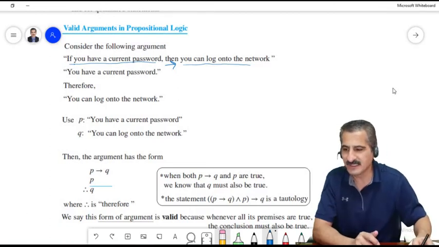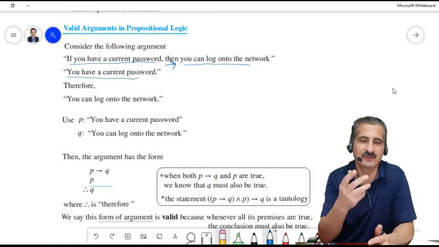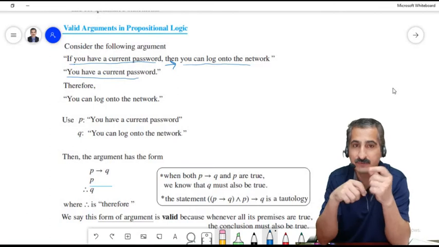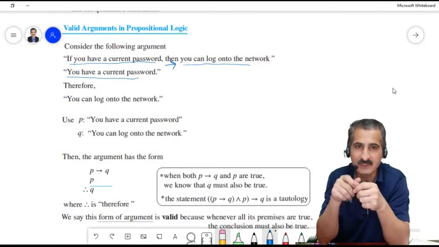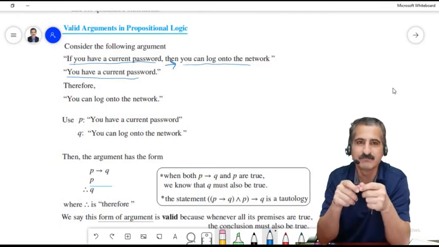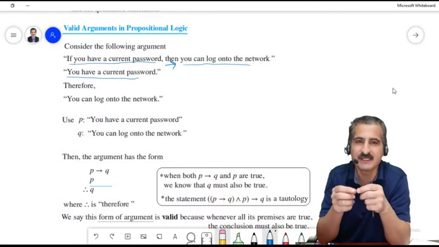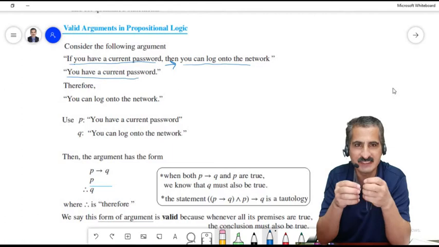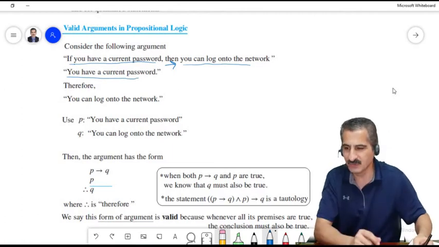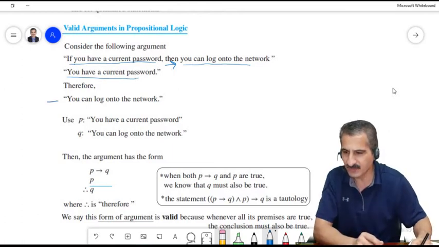The second statement: you have a password. These are the premises, the hypotheses. The conclusion then, therefore, you can log into the network.